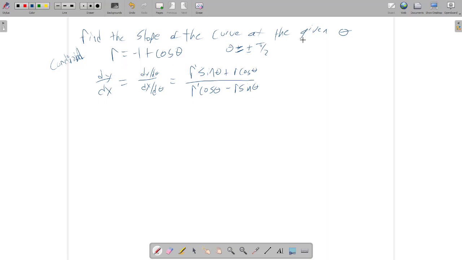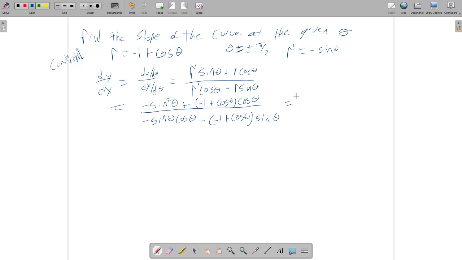Alright then, so r prime is going to be negative sine theta. So we have to plug in r and r prime now. So that is negative sine squared theta plus (-1 plus cosine theta) times cosine theta, over negative sine cosine minus (-1 plus cosine) times sine.